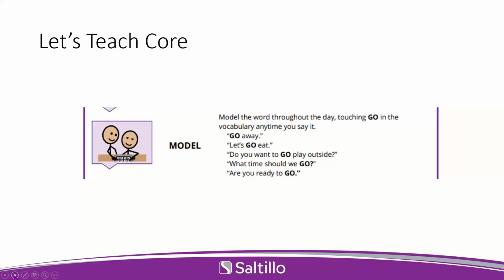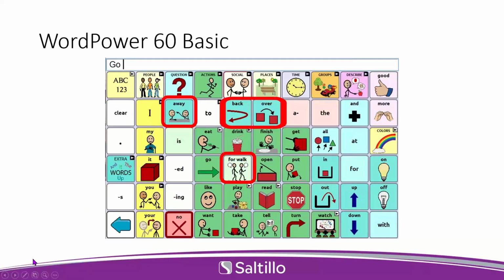What time should we go? Are you ready to go? So in WordPower 60 Basic, when I press on go, I get these common next words to create phrases like go for a walk, or go away, or go back, or go over, which is great for expanding and growing language.